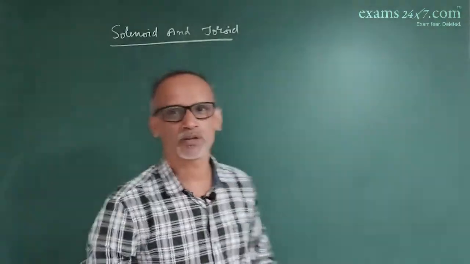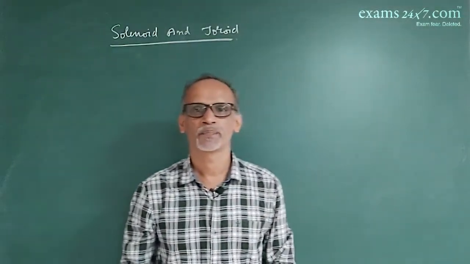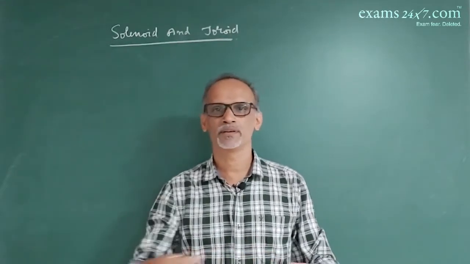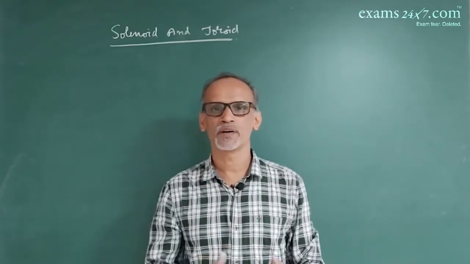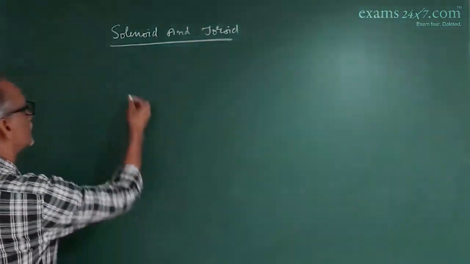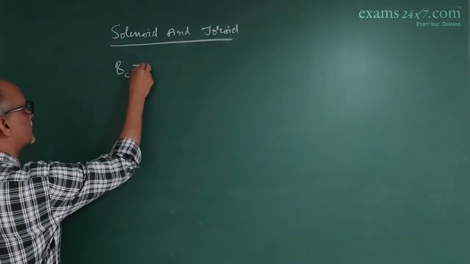So, what is a solenoid and a toroid? A solenoid is a cylindrical coil made up of a long wire which is wound uniformly, and when you pass current through the solenoid, it produces a magnetic field at its center.